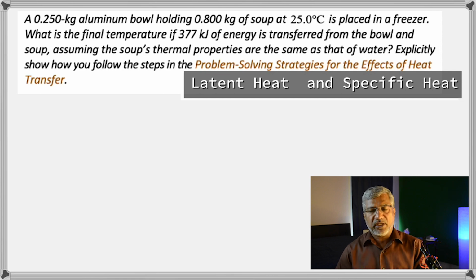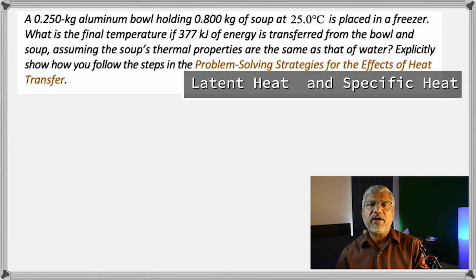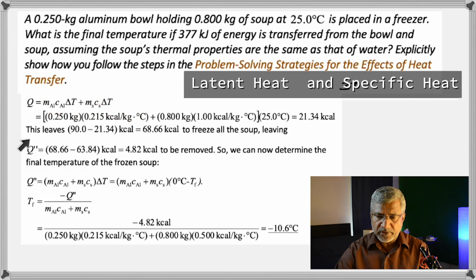You will see that first. So that's one thing. Second idea is that when you keep it in that freezer, we have to first calculate how much heat is being absorbed. Okay? You have to find the final temperature, right? So you have to find how much heat is being lost. Let's do that. So the quantity of heat that is lost by aluminum and then by the soup.